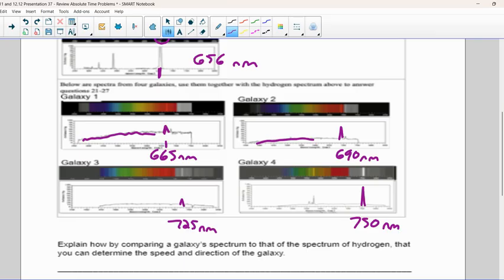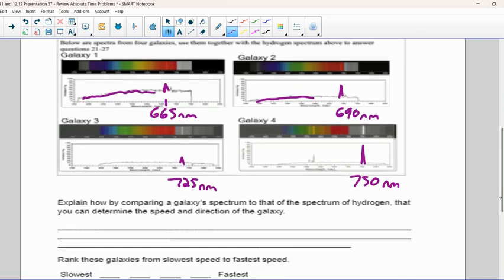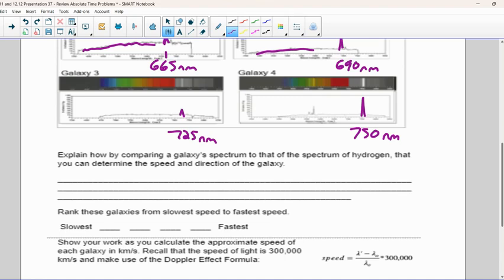Okay. So then it asks you, explain how, by comparing a galaxy's spectrum to that of the spectrum of hydrogen, they can determine the speed and direction of the galaxy. So we look for the hydrogen line and see if it is red or blue shifted.